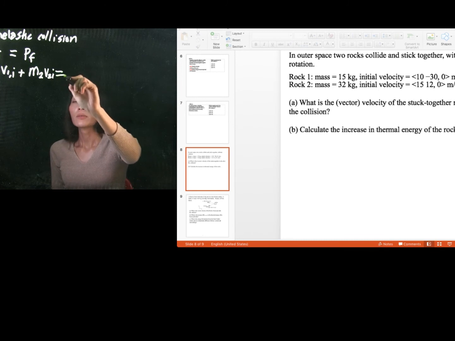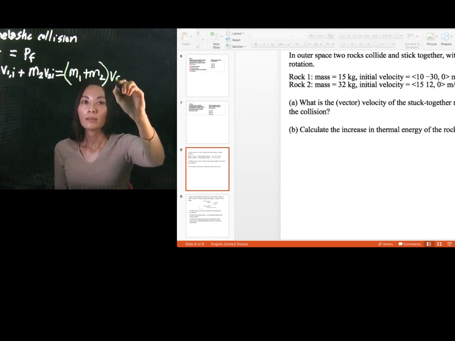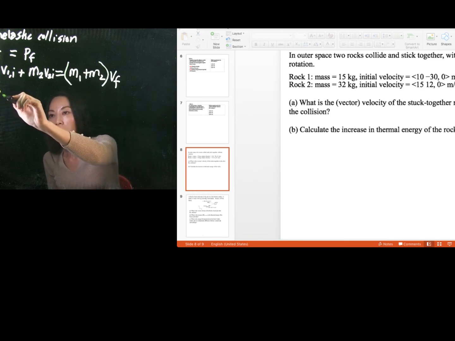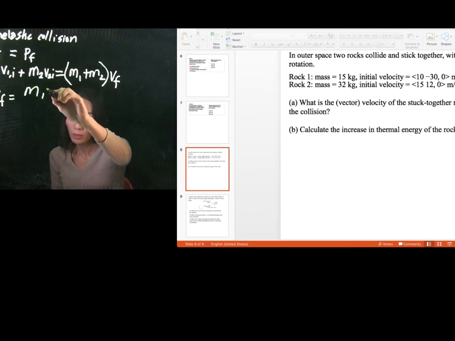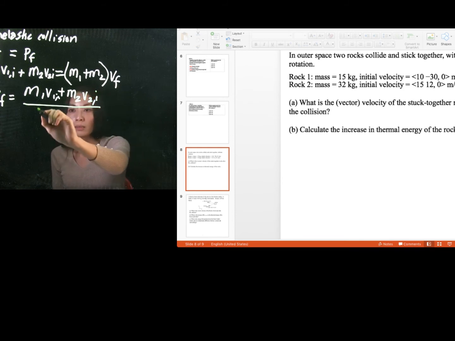And since they're stuck together, we can write M1 plus M2, and then they have a final velocity of V final. So if we rearrange this equation, we get V final is equal to M1 V1 initial plus M2 V2 initial divided by M1 plus M2.